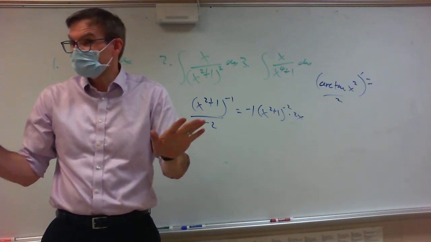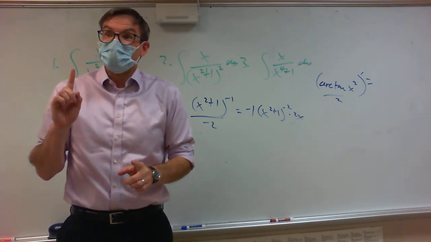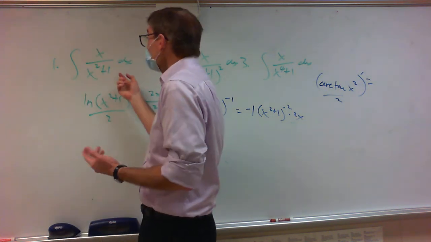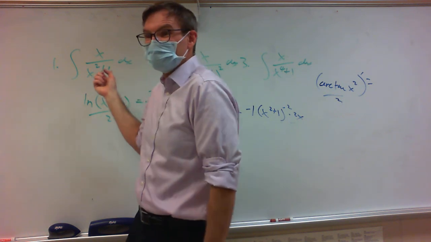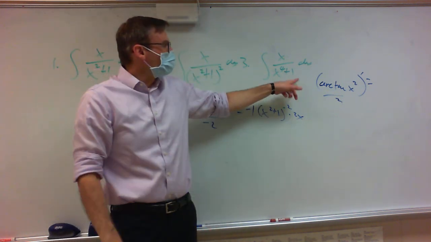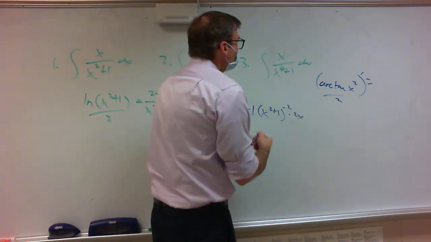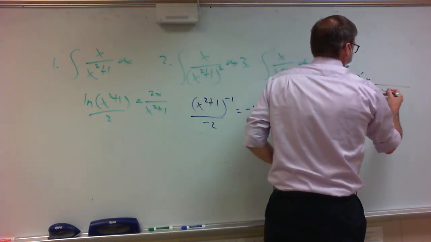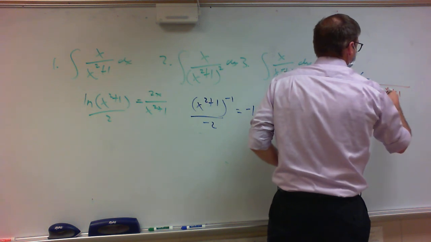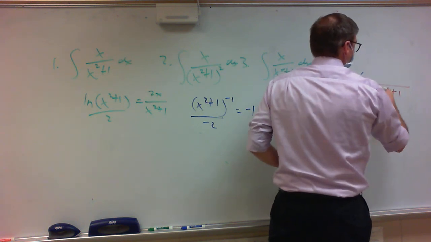Not other bases. So like number 1. Number 1's fair tomorrow, right? Because the derivative of x squared is 2x. Think of that x to the 4. Like when you take the derivative of this, you're going to get x squared plus 1, and the derivative of x squared is a 2x.